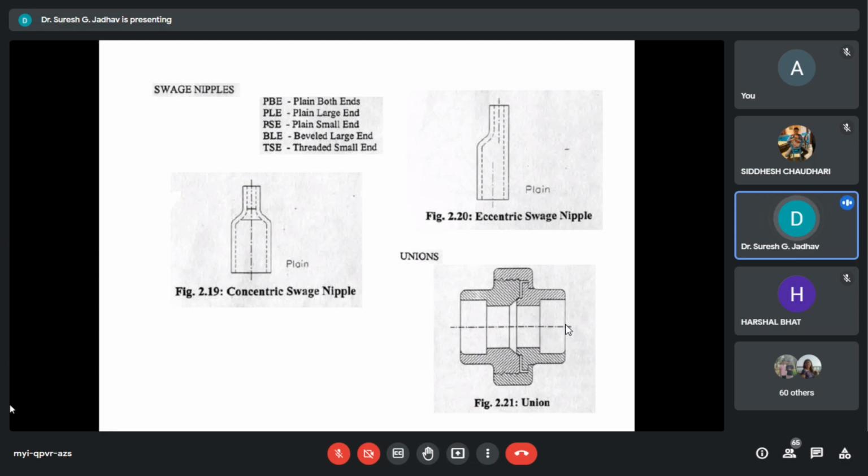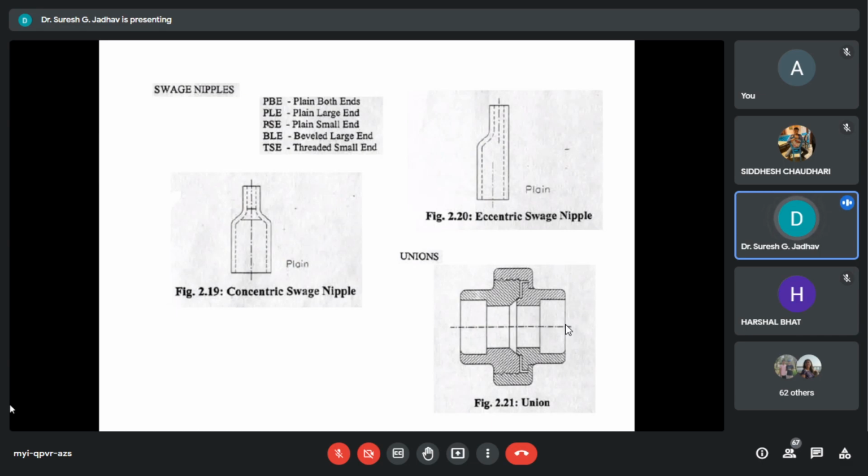So for this purpose, we can use swage nipples like reducers, with the help of this swage nipple to connect butt welded pipes to smaller screw or socket welded pipes.